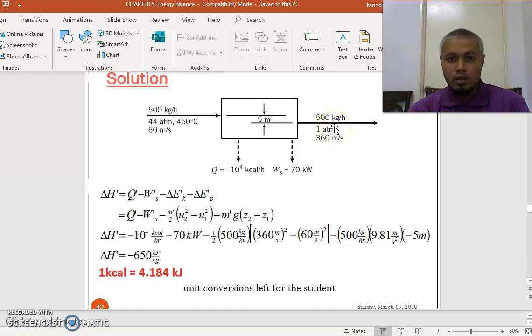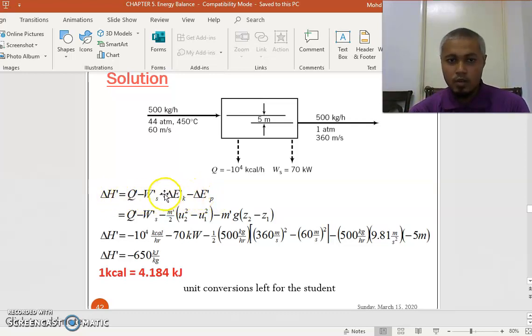Also we have negative 10 to the power 4 kilocalorie per hour, the heat loss, and also negative 70 kilowatt because of work done by the system on the surroundings. So we use the formula that we derived before, the energy balance for an open system, after we rearrange the formula.